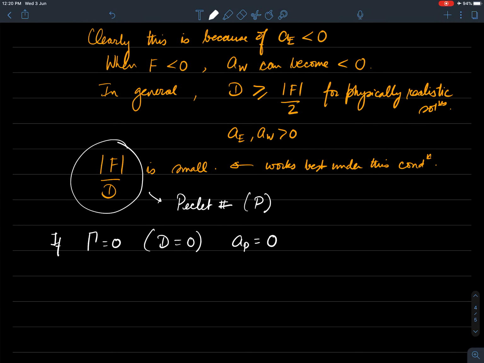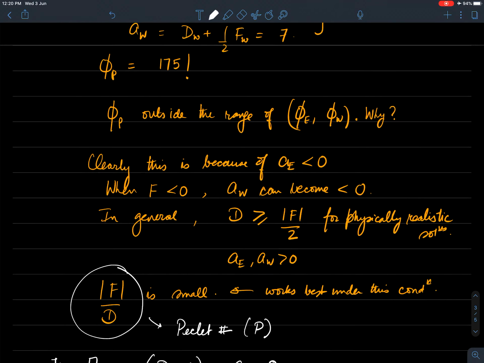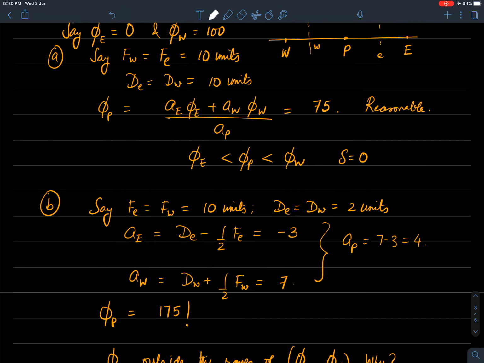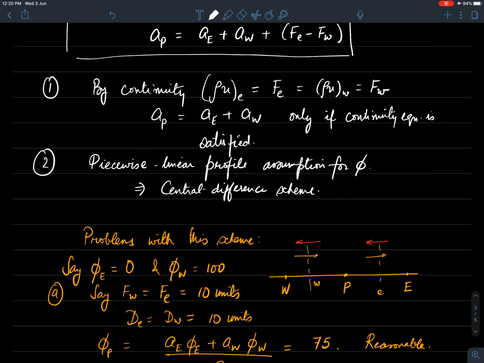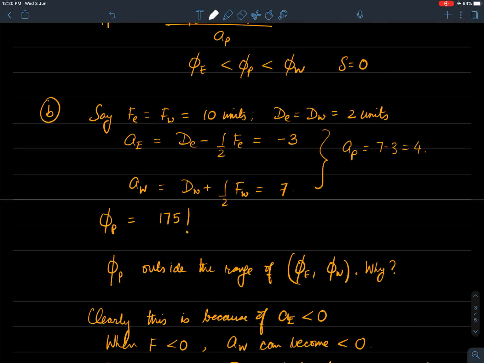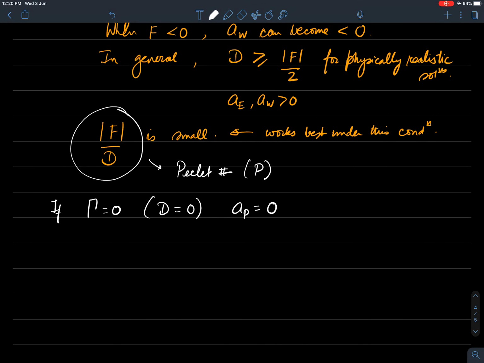In that scenario, AP will actually be 0. If you go back and see, D being 0 would mean AE is minus half FE, and AW is half FW, and when you add them, AP comes out to be 0 for a situation where the continuity equation is satisfied.